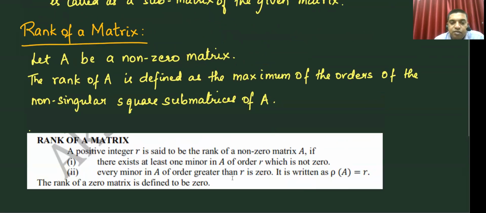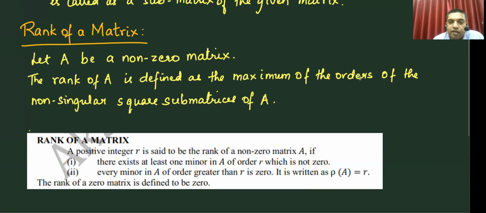So a minor is the determinant of a submatrix. For a determinant to exist, it has to be a square matrix. What the previous definition said is the rank of A is defined as the maximum of the orders of a non-singular square submatrix of A. Maximum order, the order 2 or order 3.